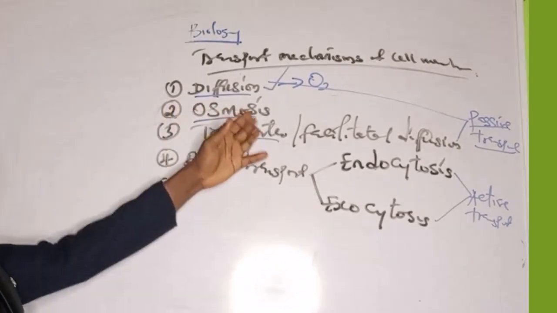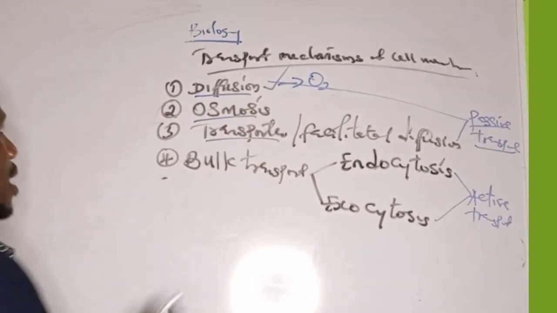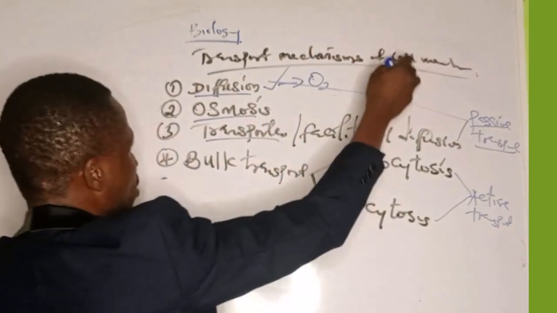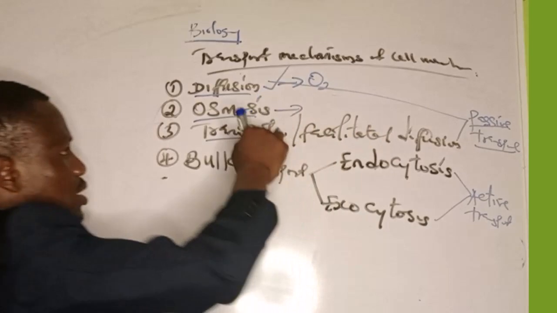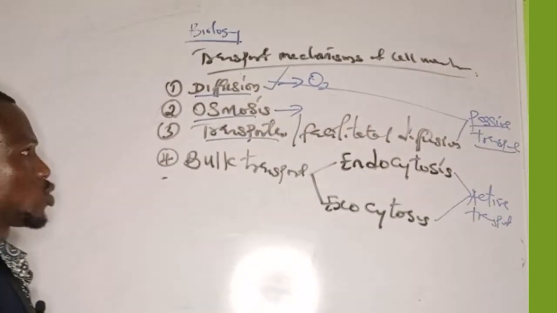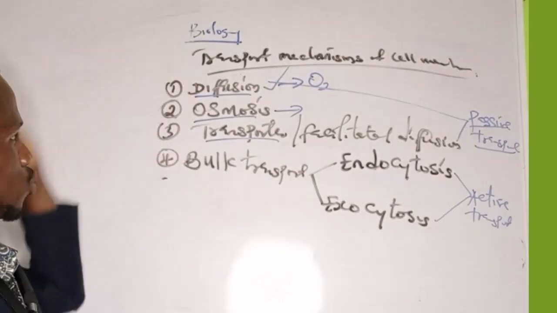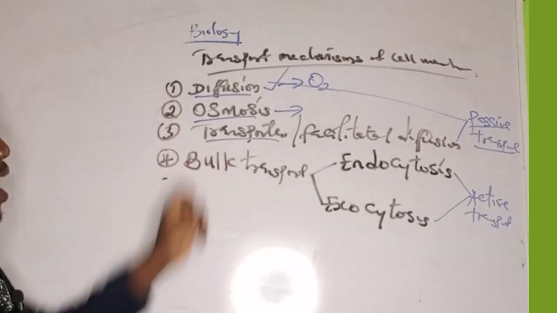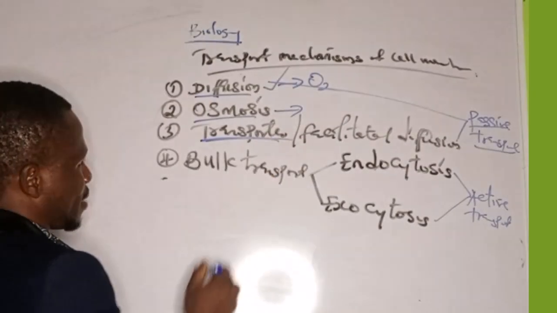Water molecules move across the cell membranes by osmosis. Ions in solutions are transported by osmosis. However, there are certain ions that are transported with the aid of a transporter.